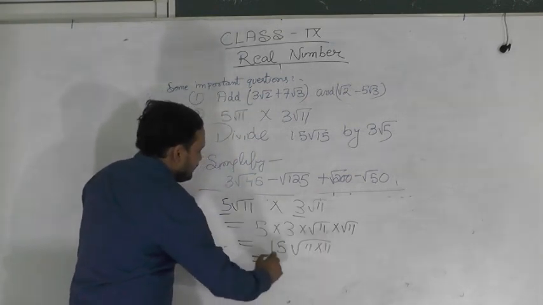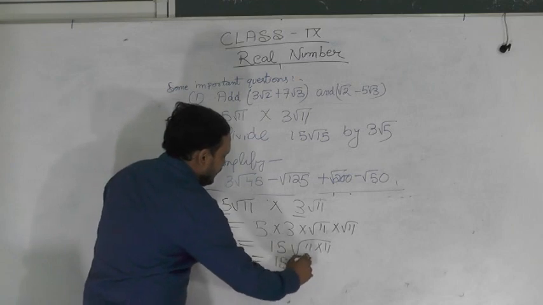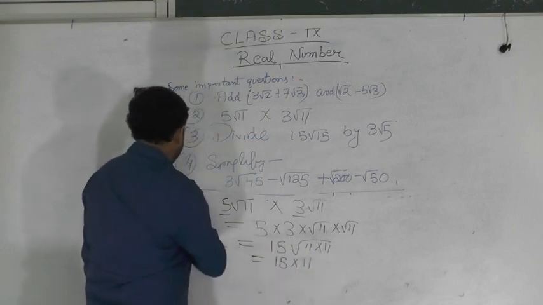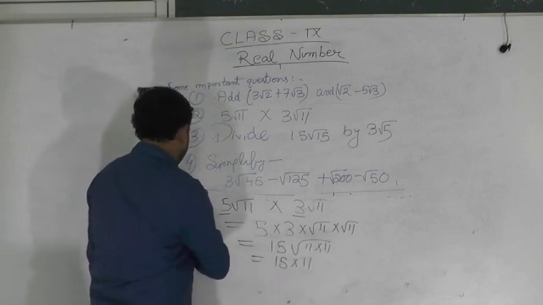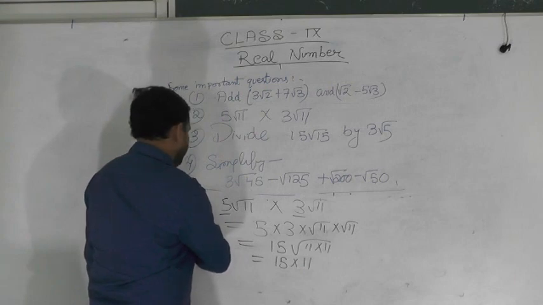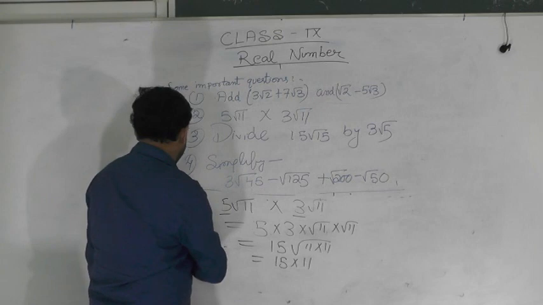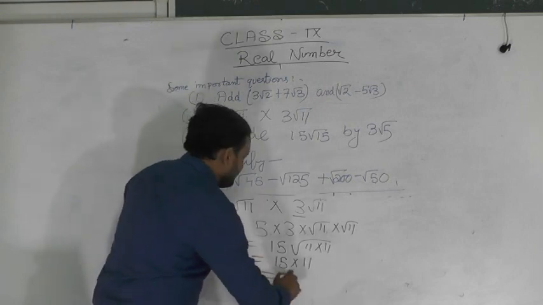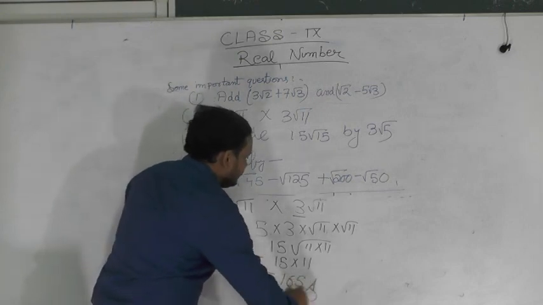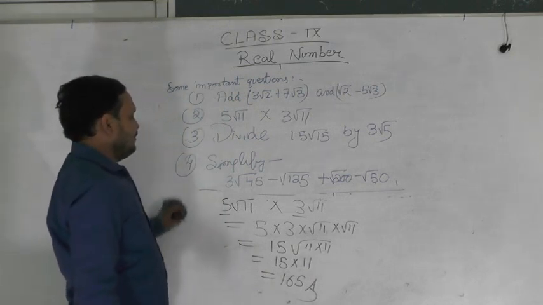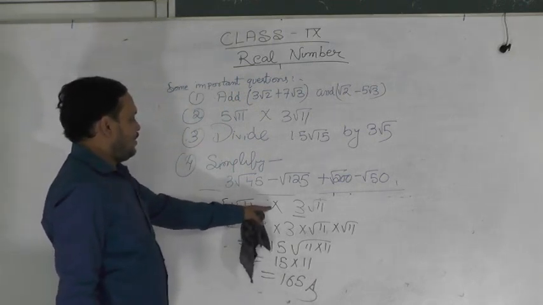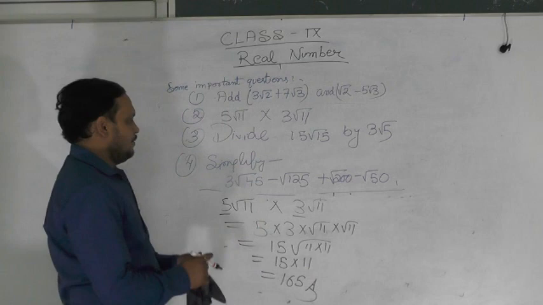Both are square terms, so it is 15 into 11, and the resultant will be 165. This is the answer, the product of these two real numbers.